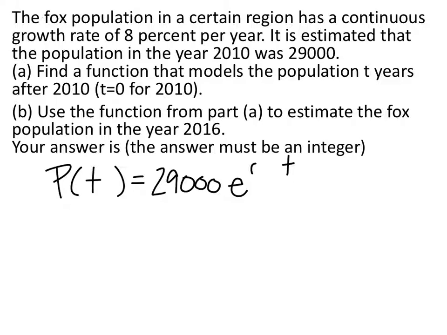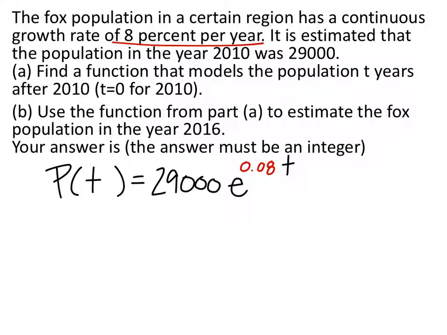And they also told us the rate was a growth rate of 8% per year. So I'm going to replace the rate with 8%. And this would be the function for finding the fox population in a certain region any number of years after 2010.